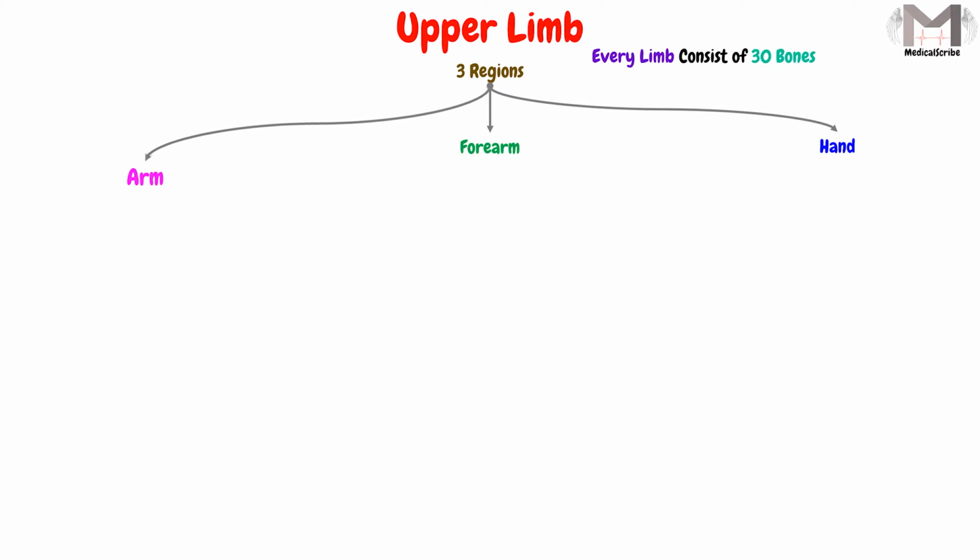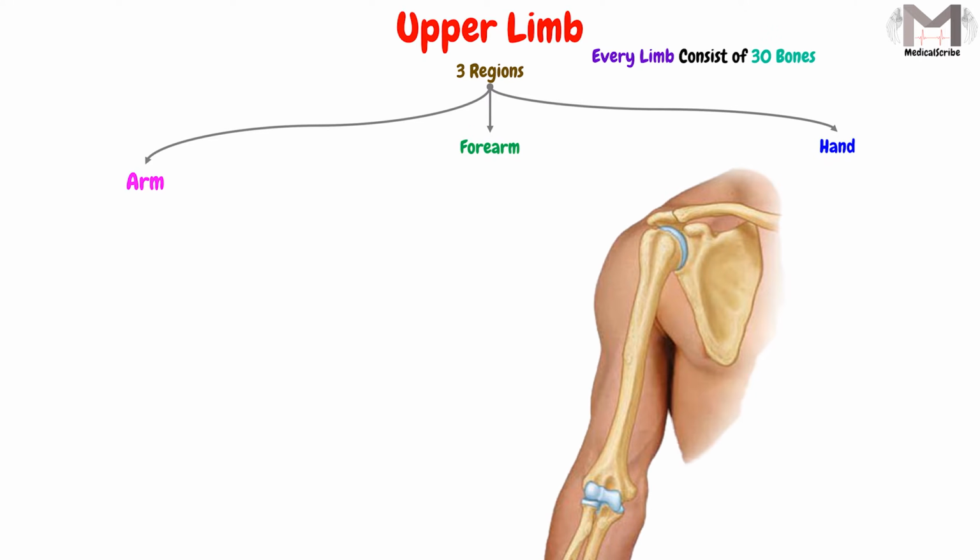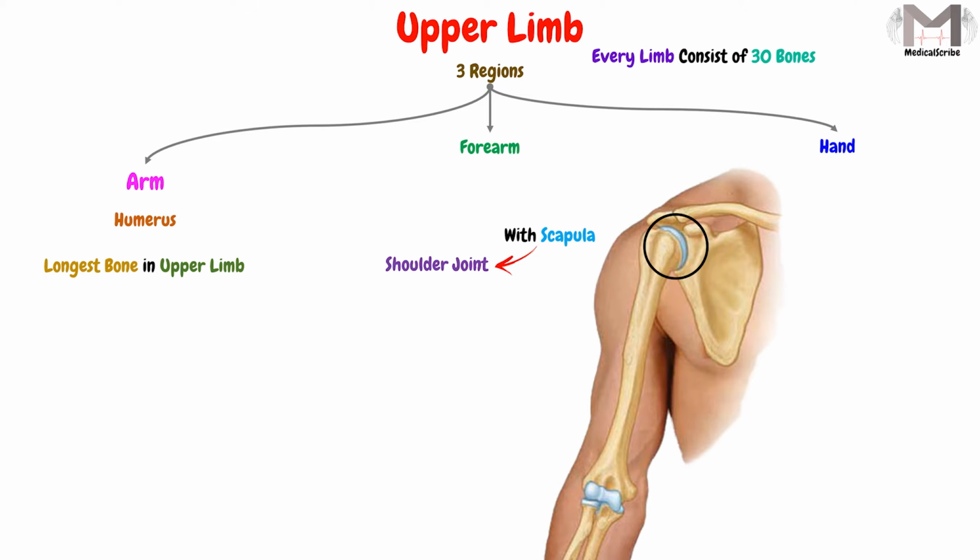So, regarding the first region or the arm, this region is represented by one bone called the humerus. This bone is considered the longest bone in the upper limb. It articulates from above with the scapula, forming the shoulder joint, and from below, it articulates with the forearm bones, forming what is called the elbow joint.